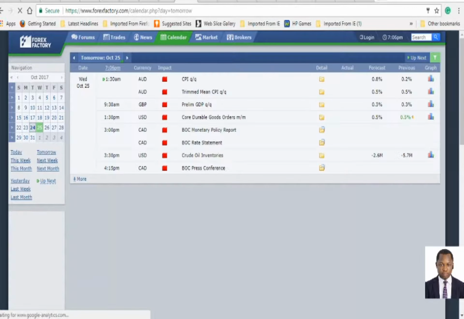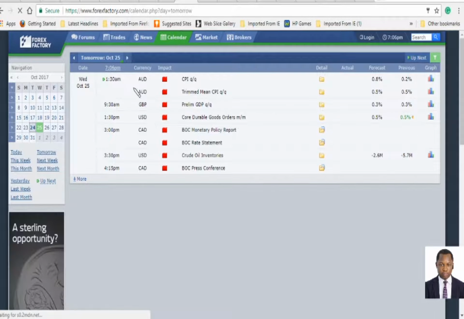I know we have plenty of high impact news announcements for tomorrow. As you can see, an early morning news announcement from the Australian dollar. All right, that's one of them. We also have one from the sterling pound, just a few hours after the London market opens.